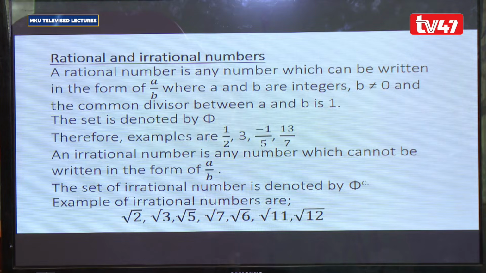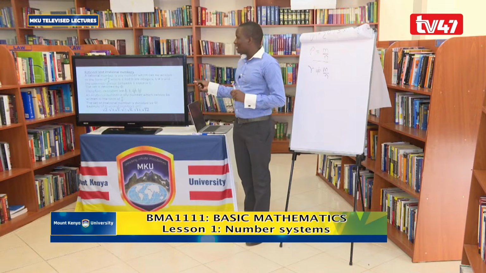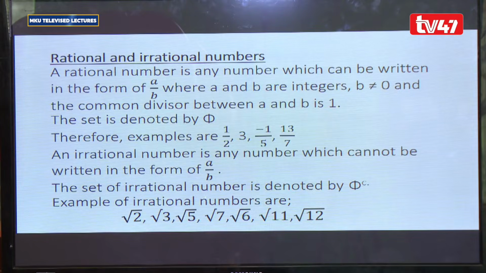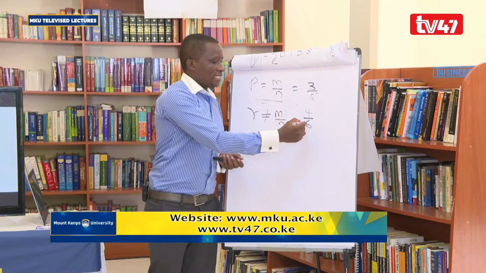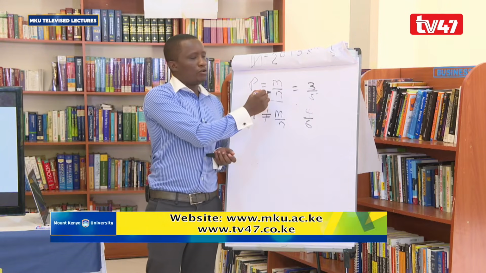Now, the common divisor between a and b is 1. For this representation to work, the divisor between a and b has to be 1. That is, if we have p being represented, then we would pick something like 3 out of 5. But picking a fraction like 4 over 6 would not conform to this requirement.